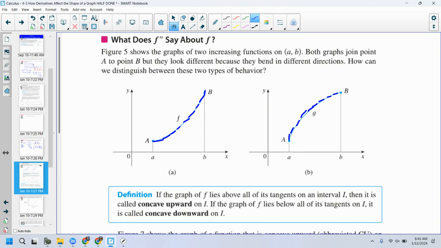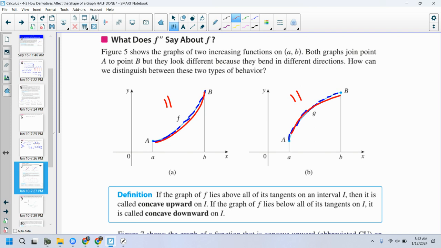That means this graph is called concave upward. This graph is called concave downward. I like to say it like this: the definition is really difficult, but it's visually easy to see. Concave upward will look like a smiley face, where concave downward will look like a frowny face. That's concave upward versus concave downward.